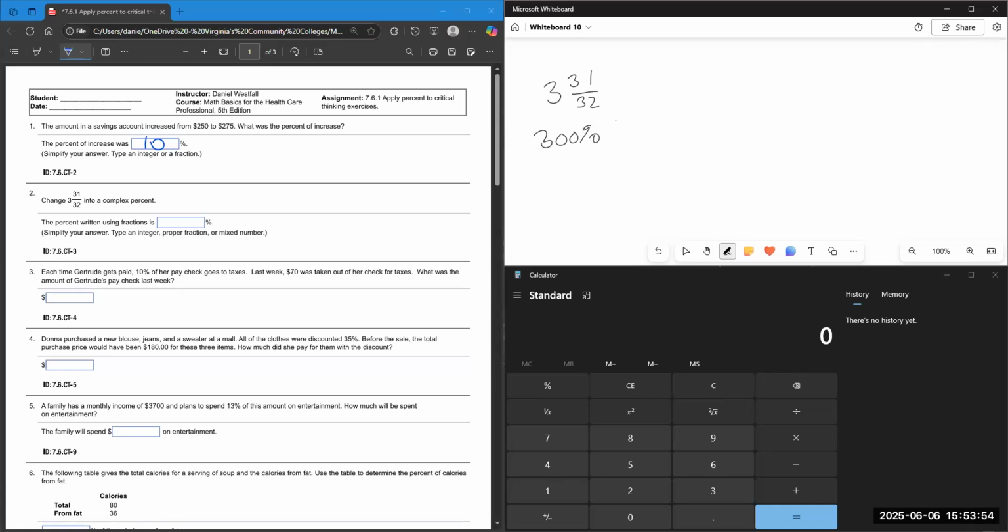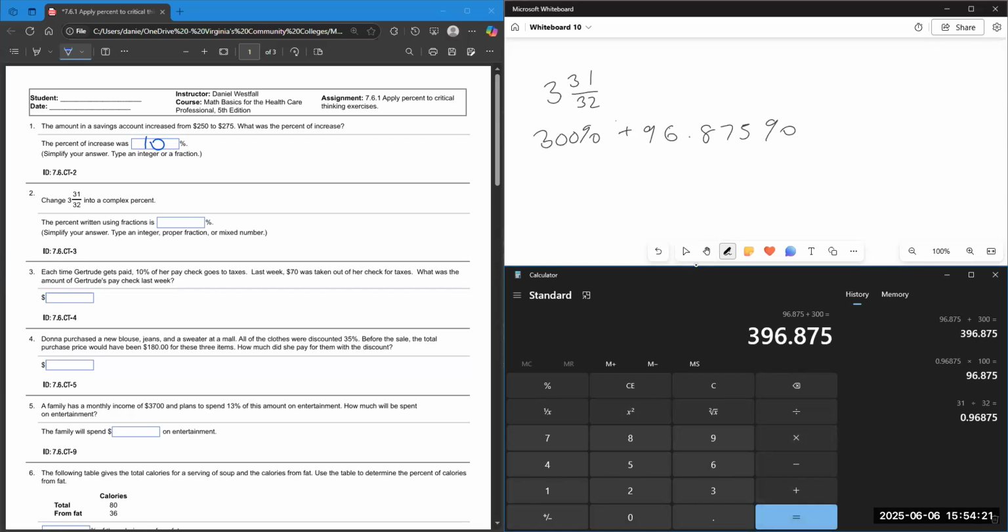And let's figure out 31 over 32. 31 divided by 32, and then times 100 is 96.875%. Add 300 to this.